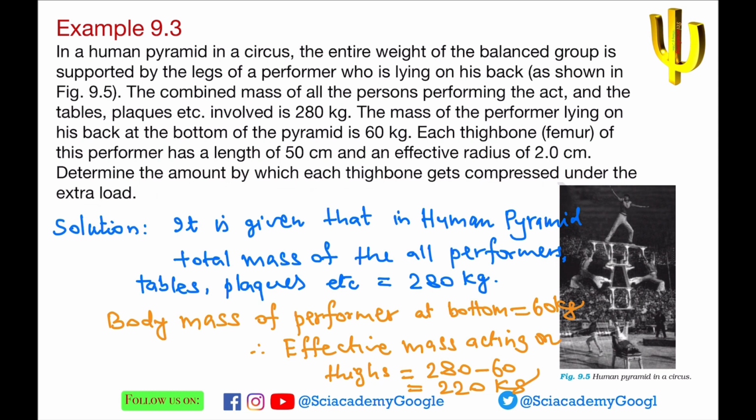So in the question it is asked to find the amount of compression of the thigh bone of this performer, okay? We'll find it with the help of the Young's modulus relationships. So what is given in the question?